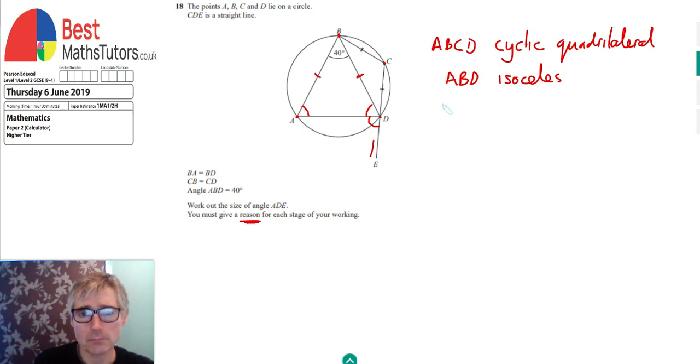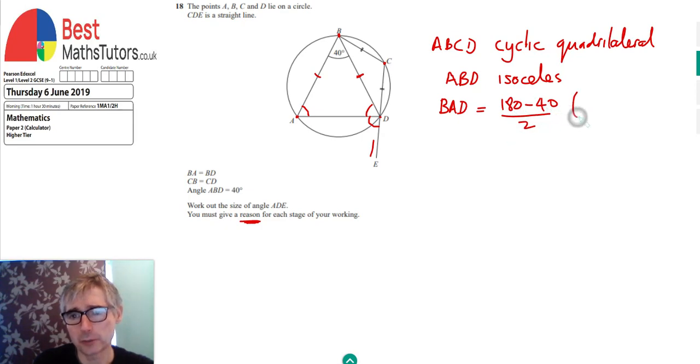So what I want to do is get used to this three-letter notation. If I say BAD, then that's referring to the angle at A, formed by the lines BA and AD. So BAD is equal to 180 minus the 40 at the top, divided by 2.